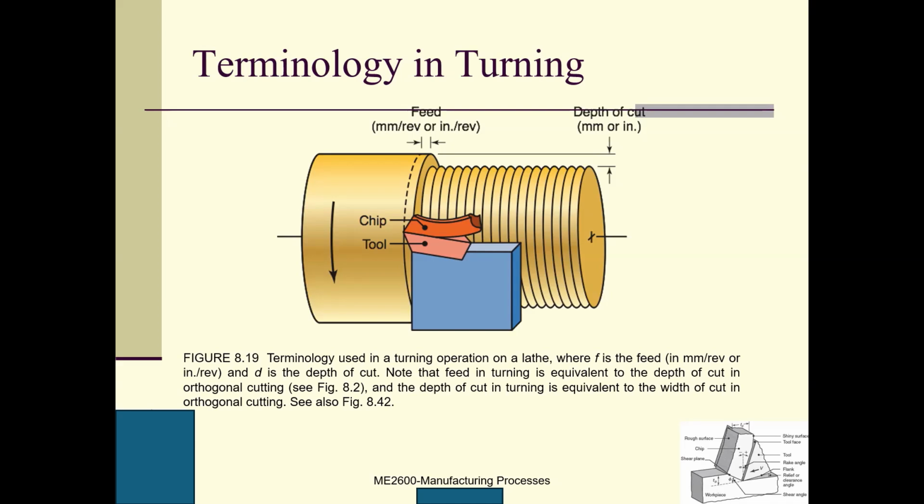This is given as millimeter per revolution or inch per revolution. In one revolution, how much your tool is moving in this direction. So knowing these three parameters is very, very important: cutting speed, depth of cut, and feed rate.